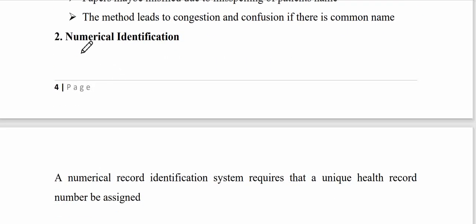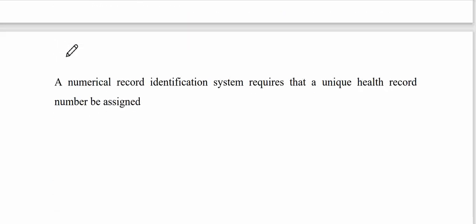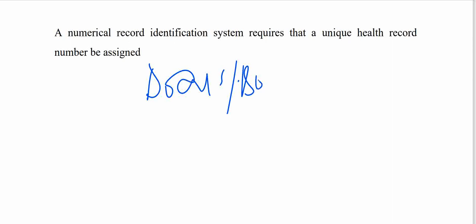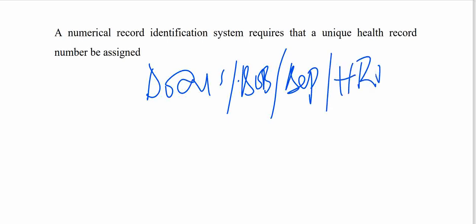All right. So then now we have numeric identification. The word numerical is actually coming from numbers. So a numerical record identification system requires that a unique health record number be assigned. For example, we have a patient, Dorcas. We shall give the date of birth, and then we shall give the department, and then we shall have to give the health record number.